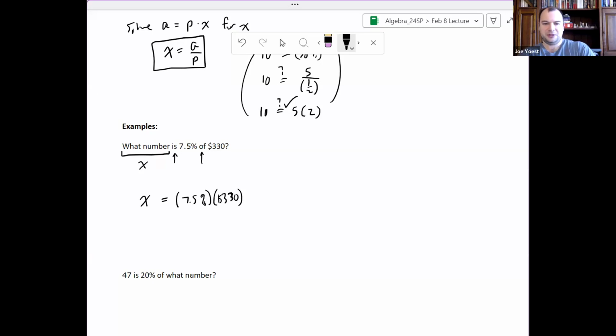For my purposes, I won't explicitly write the dollar sign, but I'll just remind myself at the end that everything's in units of dollars. I'll put that dollar sign back in at the end. I typically leave my units off during the calculation. If I really want to check my units, like feet and feet per second and seconds, I might write them below and check my units that way.